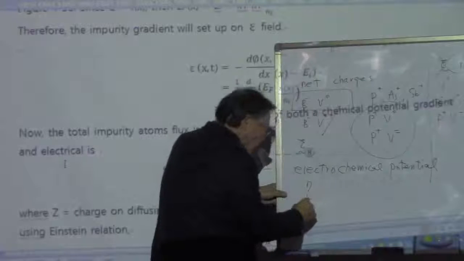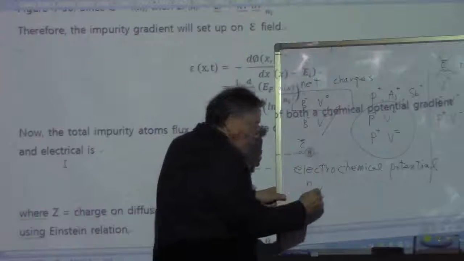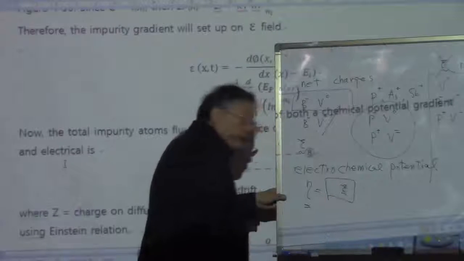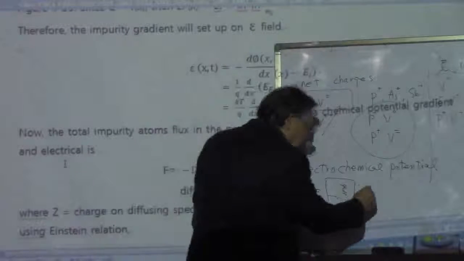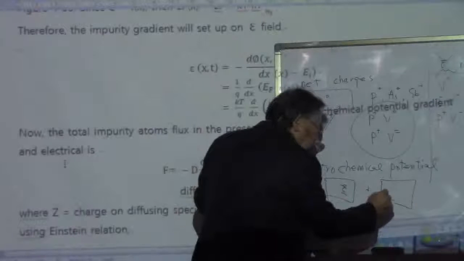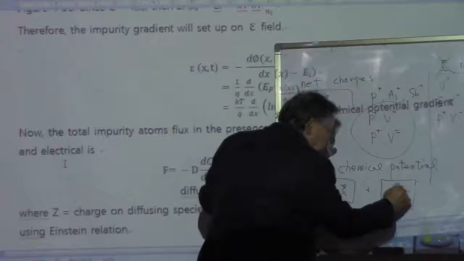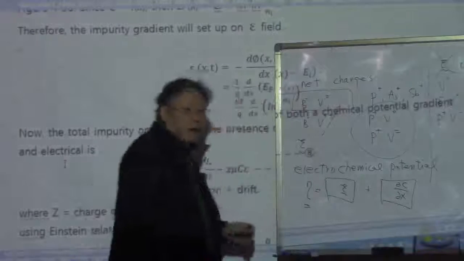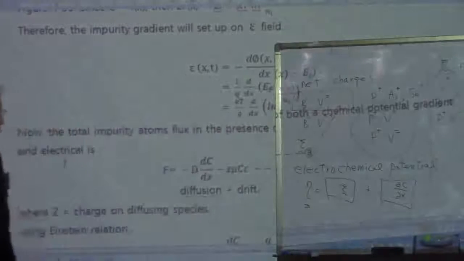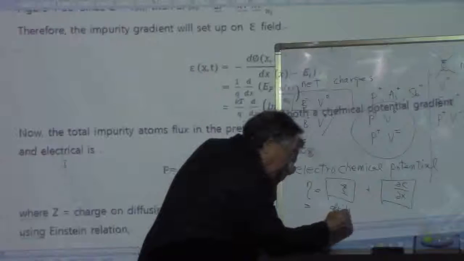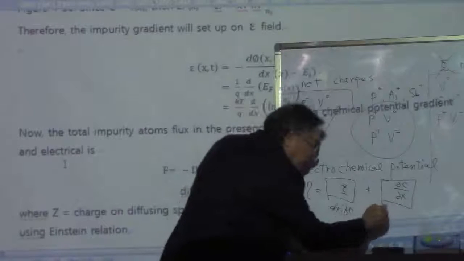We usually use this term, and it consists of an electrical field term and the chemical term. This is a drift flux, and this is a Fick's second law term.